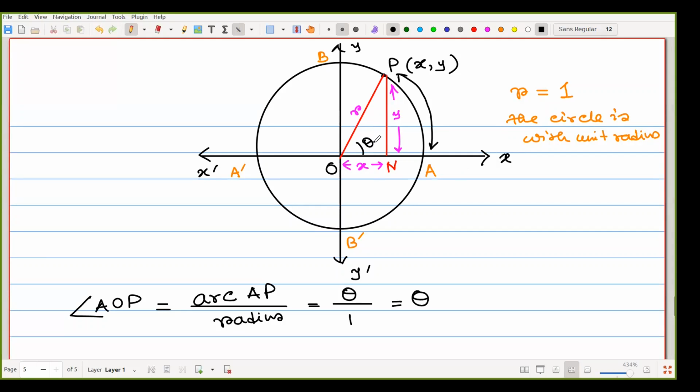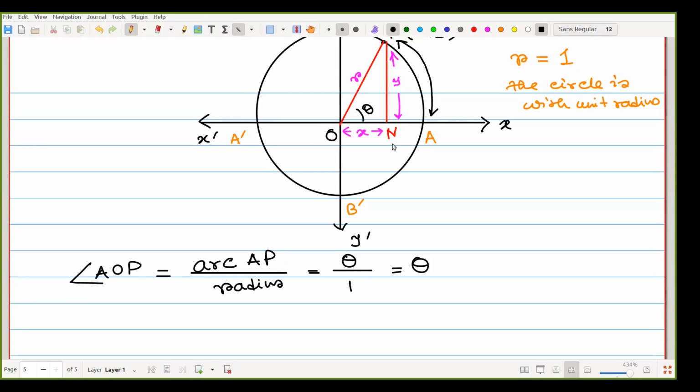Okay, so here we have ON is equal to x and PN is equal to y. So write down here sine theta. What is the meaning of sine theta? That is perpendicular by hypotenuse. So here perpendicular means y, hypotenuse means r, which has value 1.